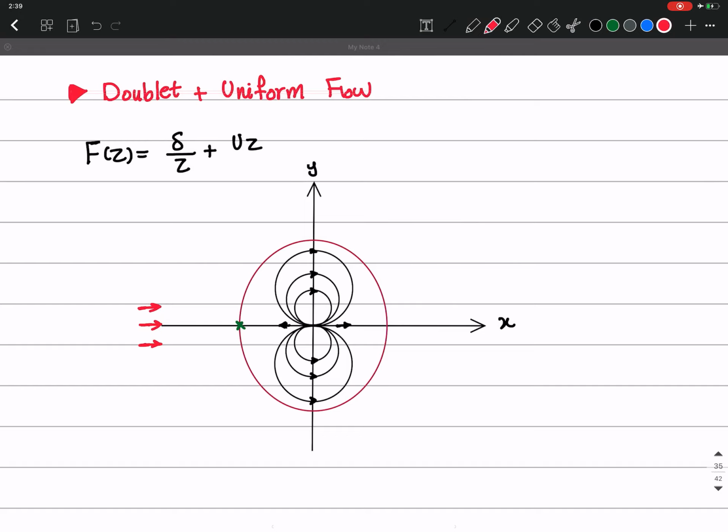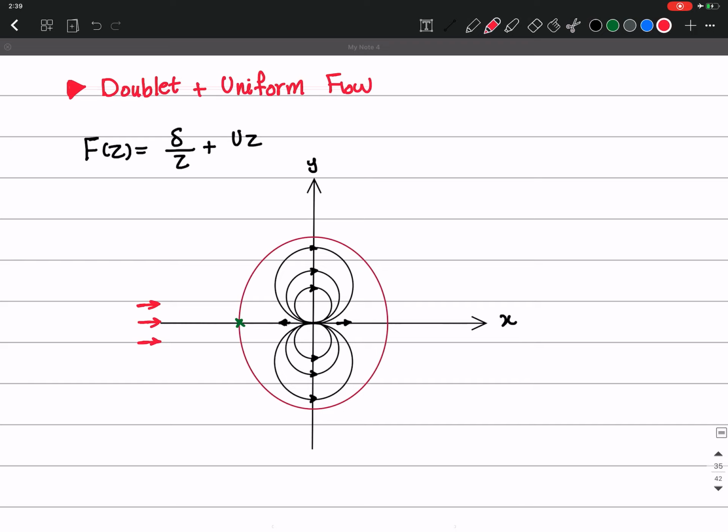Okay. And then the other streamlines would be going around that. So this streamline will go here and then here. And then the other ones that are farther will go like this.